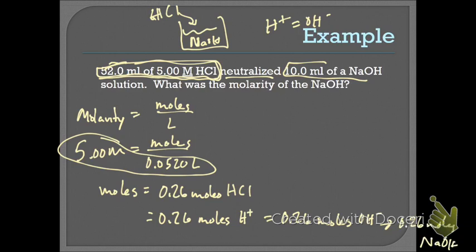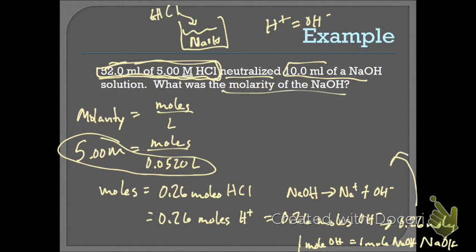Why? Because for every 1 mole of OH minus, there is 1 mole of NaOH, since when NaOH breaks down in water, it breaks down into Na plus and OH minus. All right, so now I know I have 0.26 moles of NaOH.